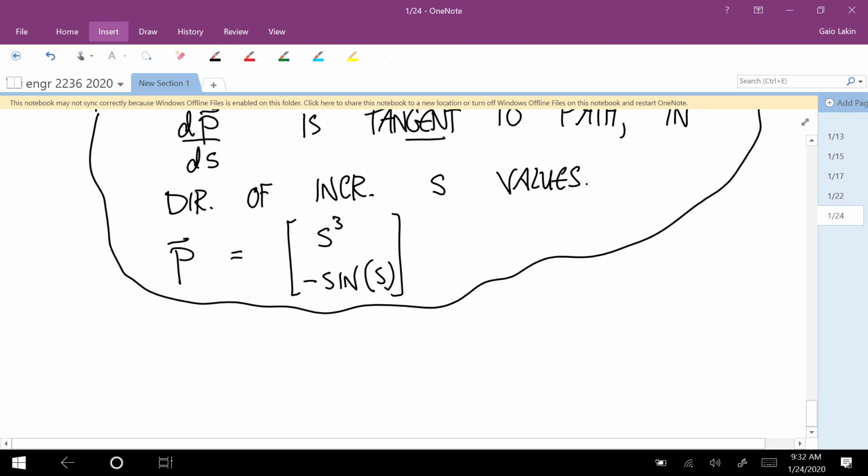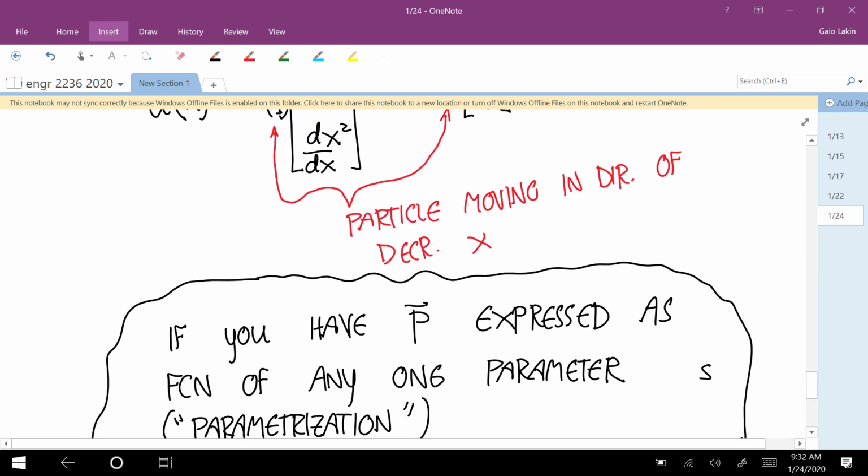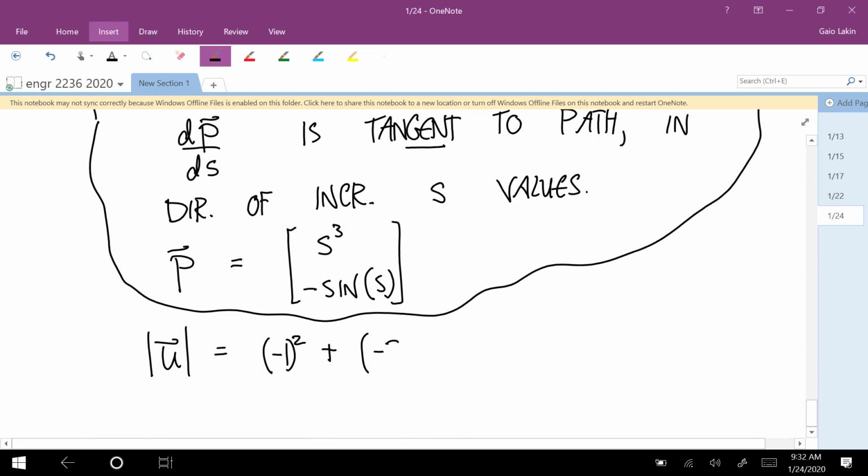So we need to make it a unit vector. And to do that, we'll calculate the magnitude of that vector, which is the square root of -1 squared plus negative 2x squared. And that's the square root of 1 plus 4x squared.